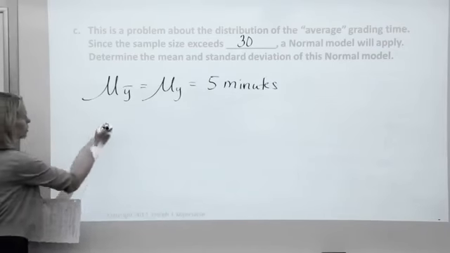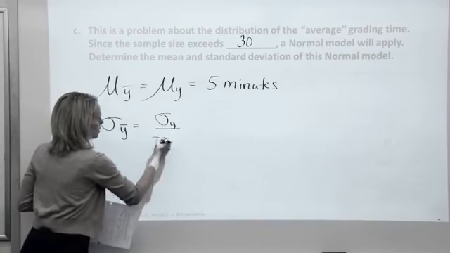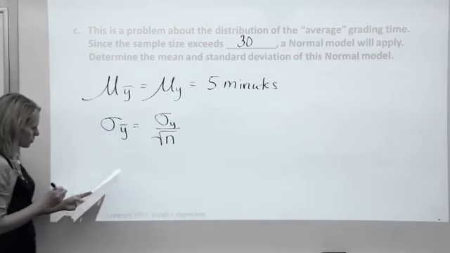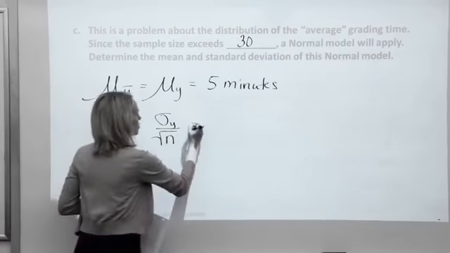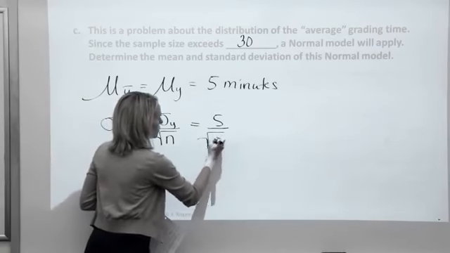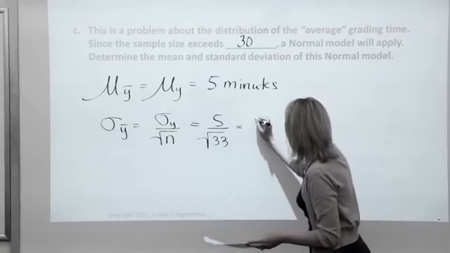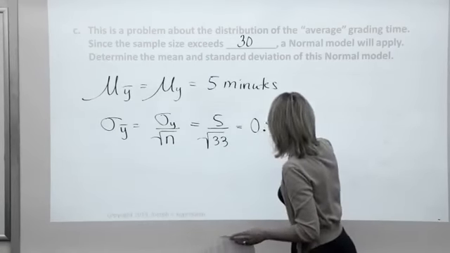But the standard deviation here will be smaller. It'll be the standard deviation for those individual exams divided by the square root of our sample size. So we'll take 5, that's the standard deviation. We have a sample size of 33. So the standard deviation for the sample mean will be 0.87.